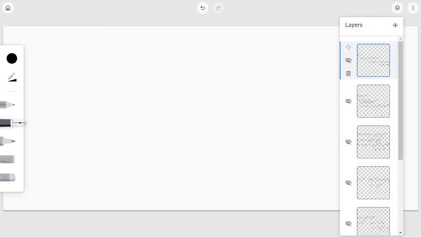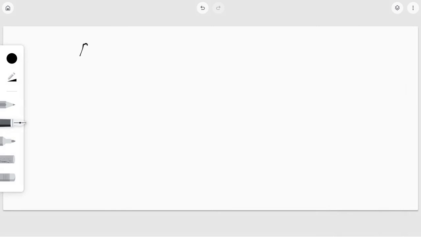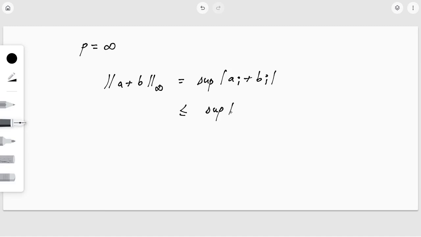Now next we consider the case P equal to infinity. That is norm infinity of A plus B. What will it be? By definition it is supremum of mod Ai plus Bi. Now we know by supremum property this is less than or equal to supremum of mod Ai plus supremum of mod Bi.